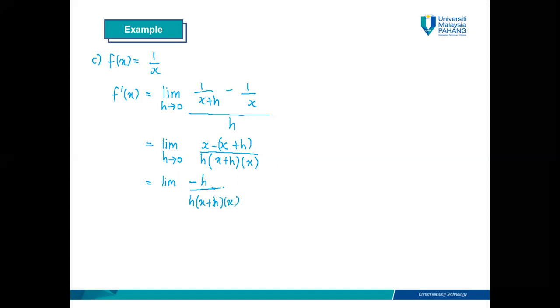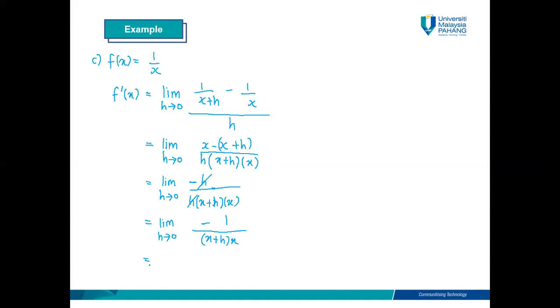So biar je dia macam ni when h approaches to 0. So apa you boleh buat? You can simplify, cancel off this one. So what you have now is negative 1 over x plus h dengan x when h approaches to 0.